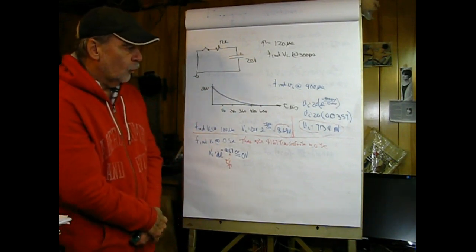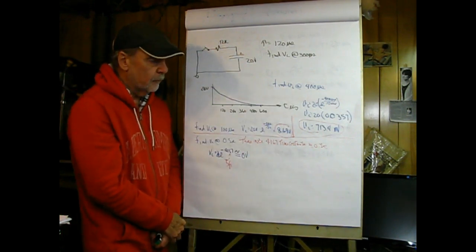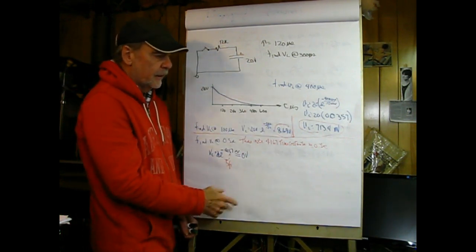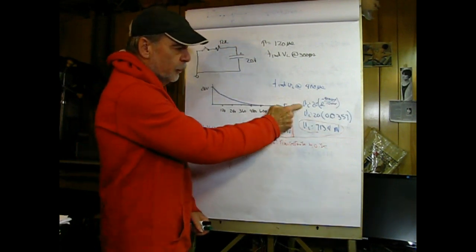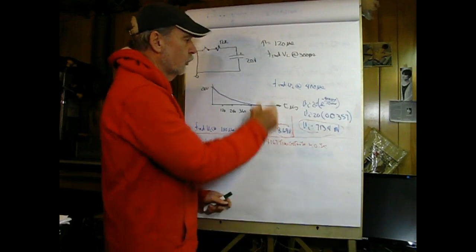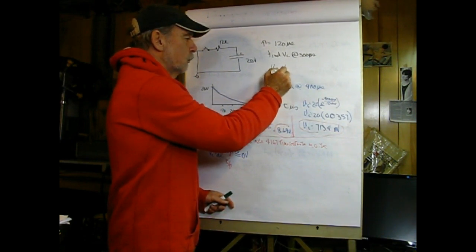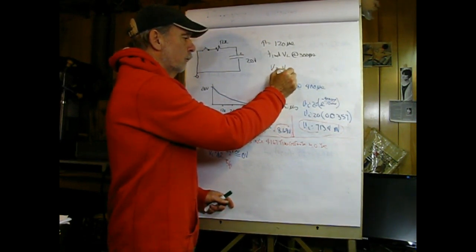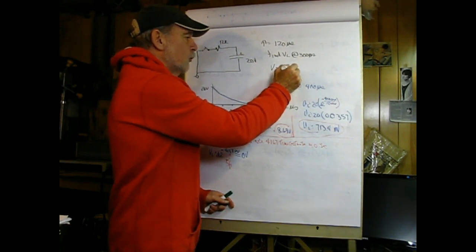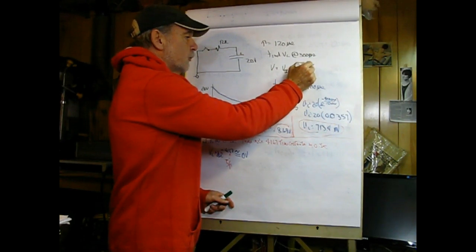But to find out what VC would be at 400 microseconds for an example problem, what we would do is take the decaying exponential formula, and let me write that explicitly here. V equals V initial times e to the negative t over time constant tau.